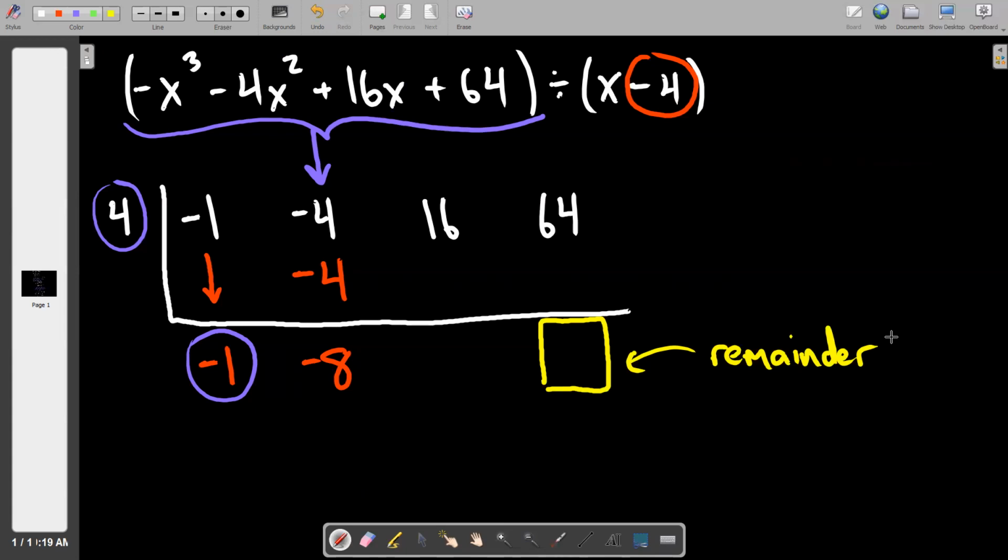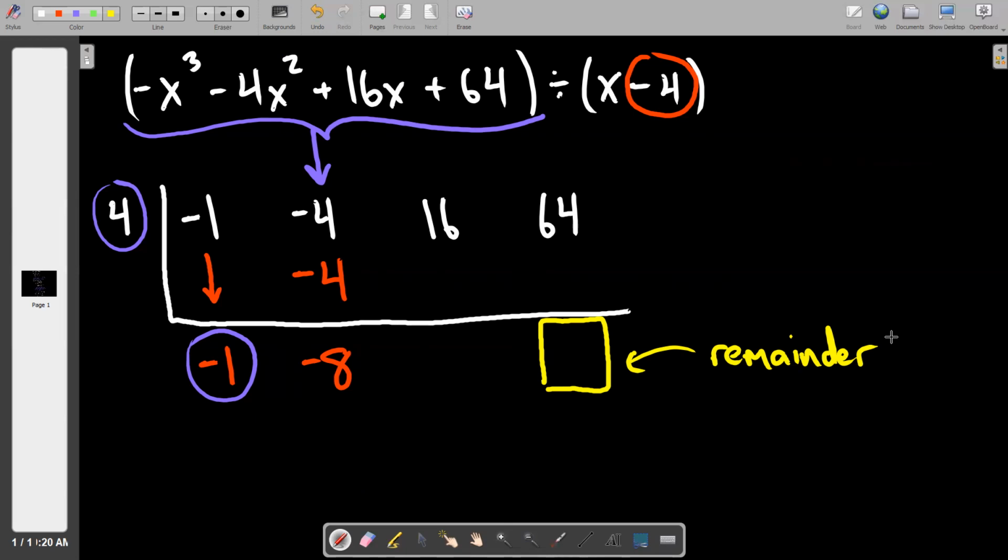And if we're going to make the claim that x minus 4 is a factor of negative x cubed minus 4x squared plus 16x plus 64, then by definition, if you're a factor of something else, when the something else divides by you, there can be no remainder. That's like a fundamental principle of 4th grade math, right? So let's continue the algorithm.